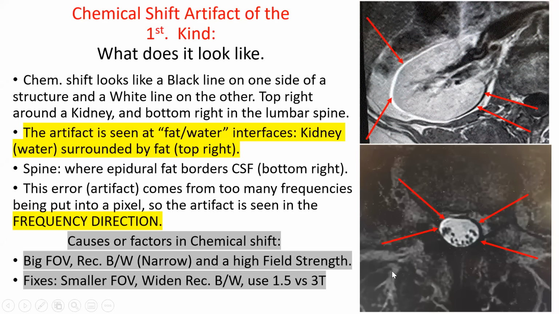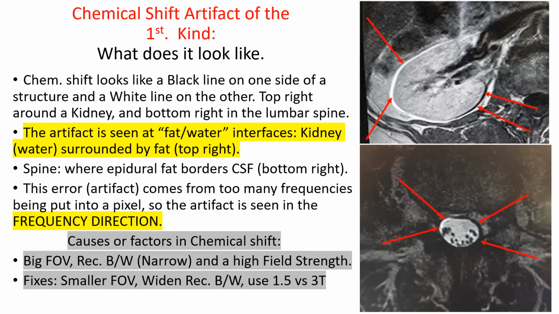That's classic chemical shift, and it's seen in the frequency direction. They might say to you, what artifact is demonstrated here? Oh, that's chemical shift. Yep, good, 2 points. How do you fix that artifact? The easiest, quickest way to do it is to widen your receiver bandwidth.